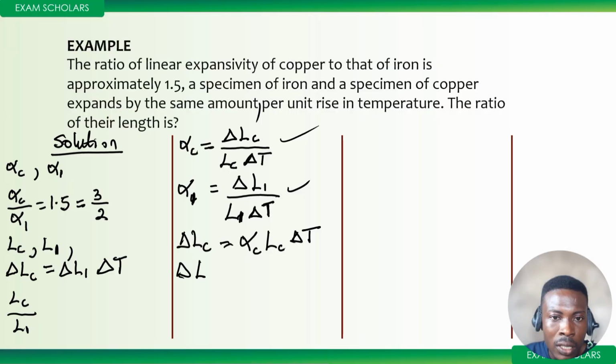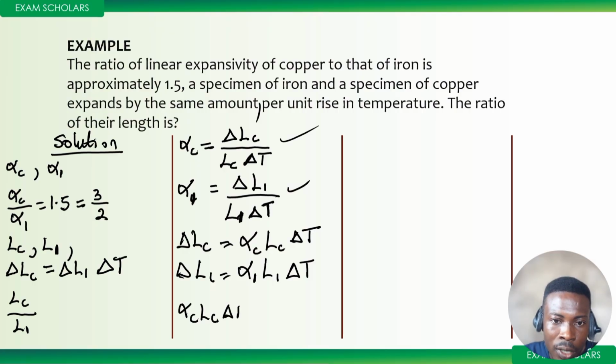The change in the length of iron will give us alpha iron L iron change in temperature. In the question, they are the same. So let's equate them. Which means alpha C LC change in T should give us alpha I Li change in T. The next step, this cancels this.